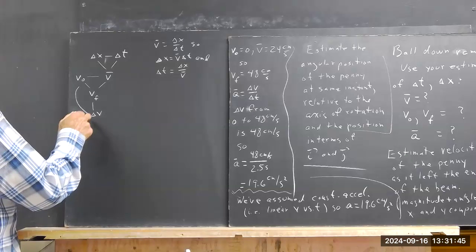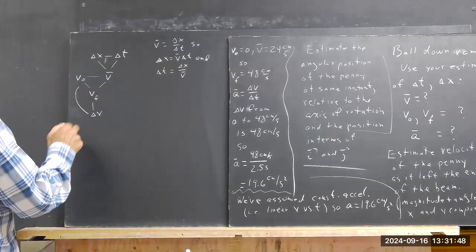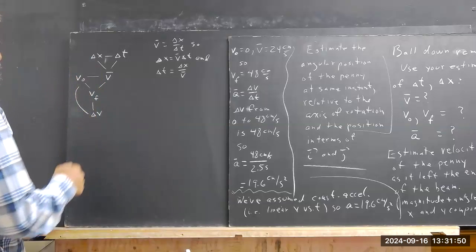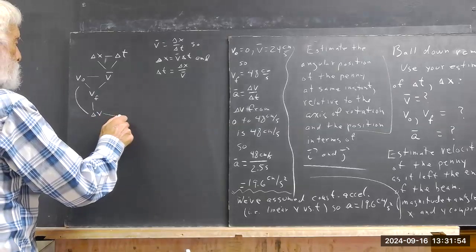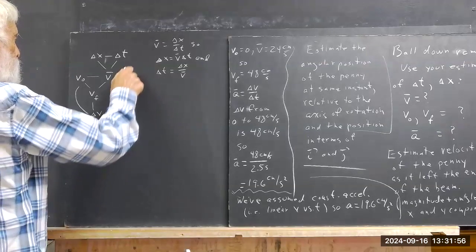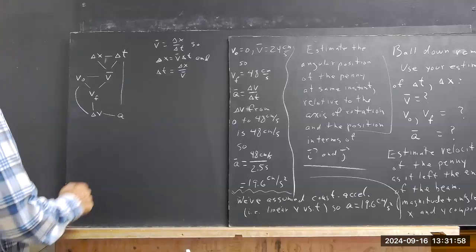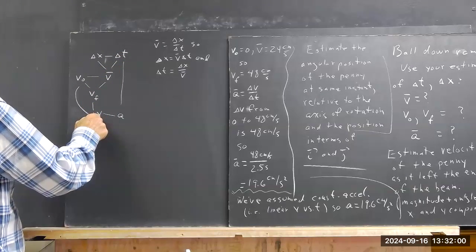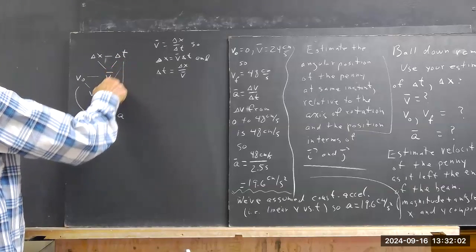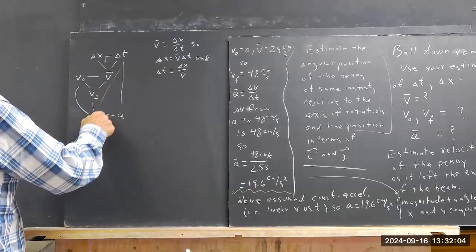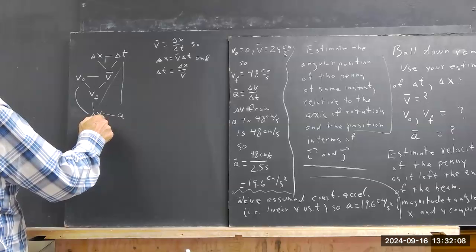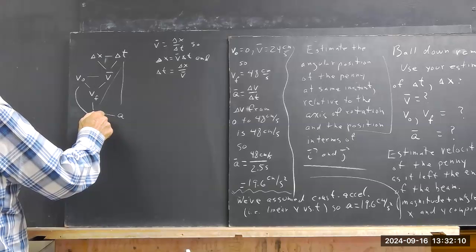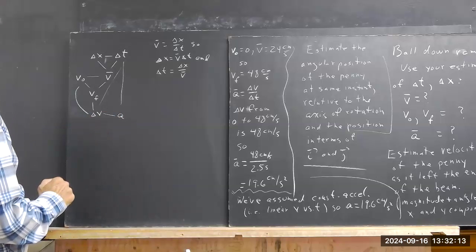And of course, knowing delta V and VF, we can find V naught, and looking at delta V and V naught, we can find VF, since it's a complete triangle. And then finally, we know delta T and delta V, we get A. Of course, we know A and delta V, we get delta T. We know delta V and delta T. Okay?